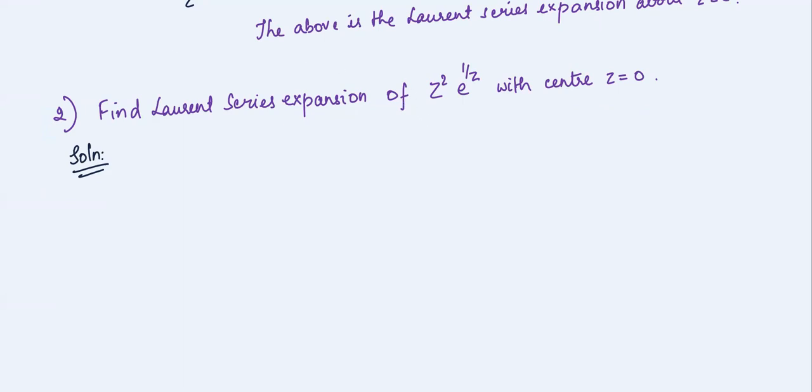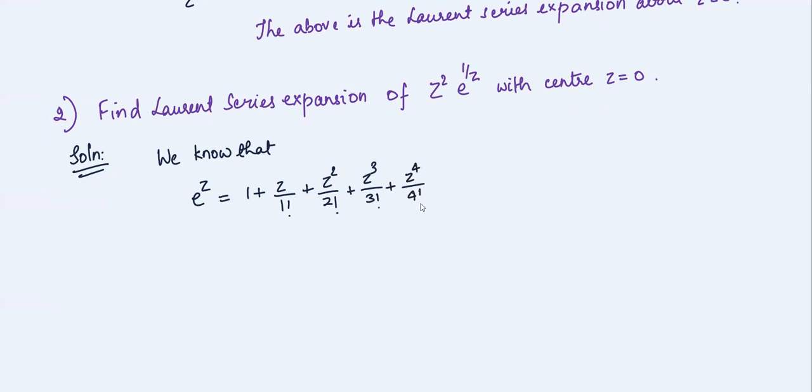Very simple. We know that e power z is equal to 1 plus z upon 1 factorial plus z square upon 2 factorial plus z cube upon 3 factorial. This is the very standard series expansion of e power z. We know this from calculus.